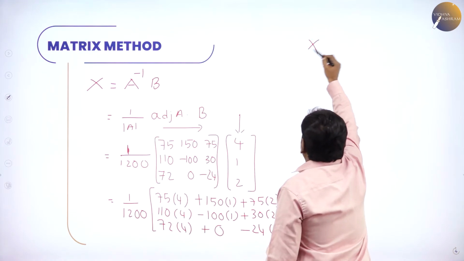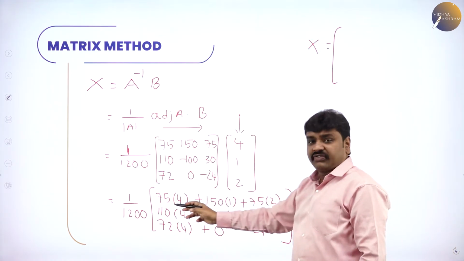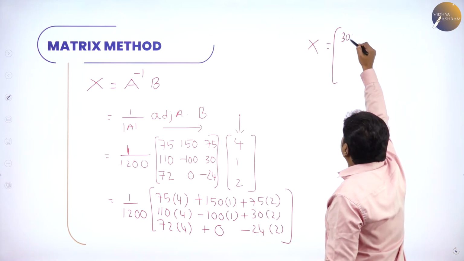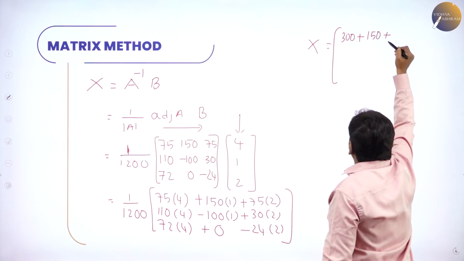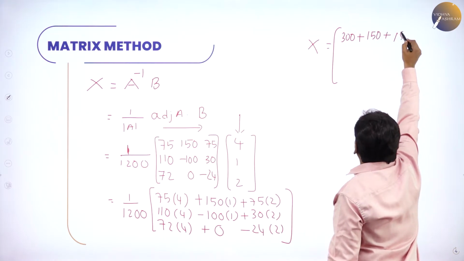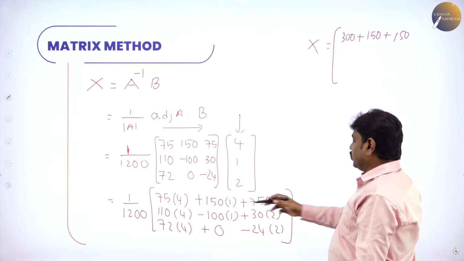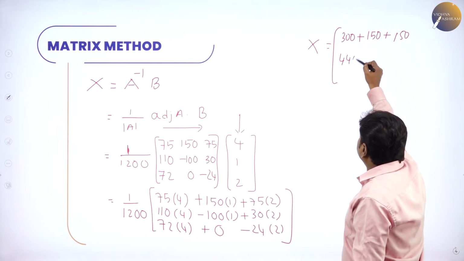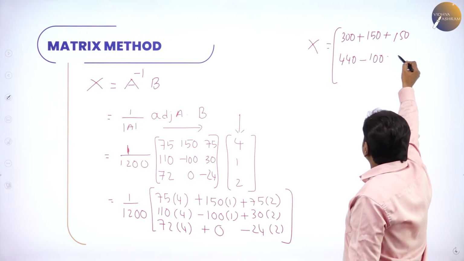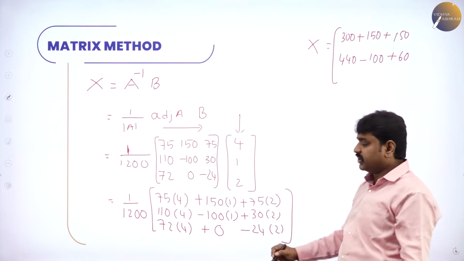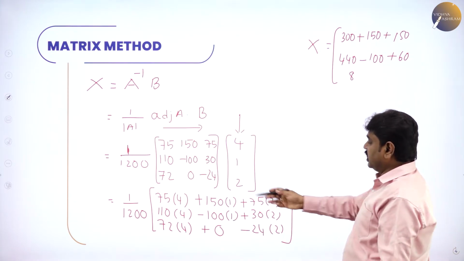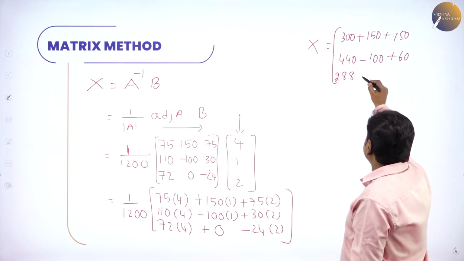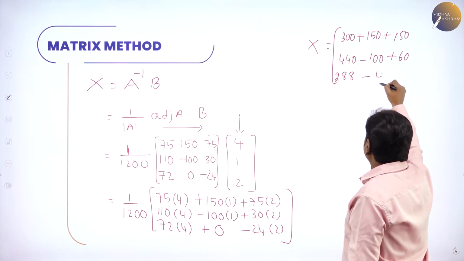So now capital X is equal to 75 4s are 300, 300 plus 150, 300 plus 150 plus 75 2s are 150 again. Now 110 into 4 is 440 minus 100 plus 60, and the next entry 72 4s are 288, and then minus 24 2s are 48.